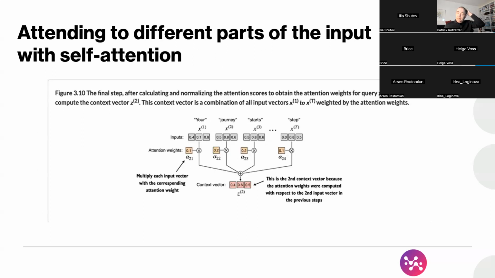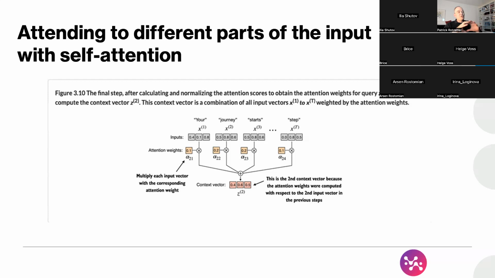You multiply "your" by this attention weight, and then "journey" by the other weight, then you sum everything together, and you get the context vector for query number 2, which is the word "journey". So for every word in the sequence, you get a context vector. You get an enriched embedding, if you want.